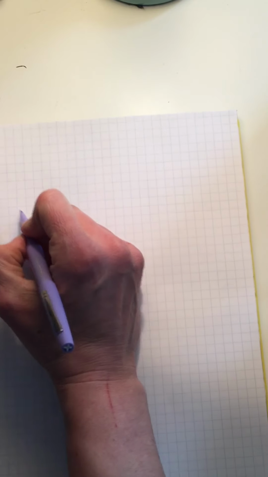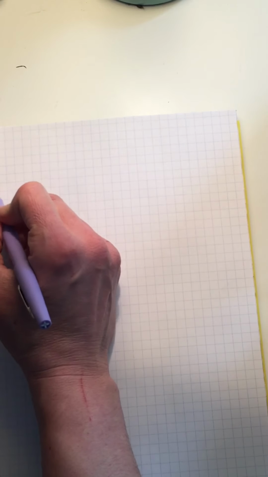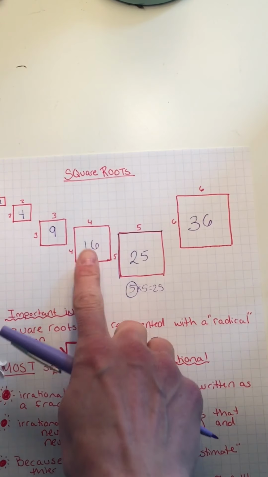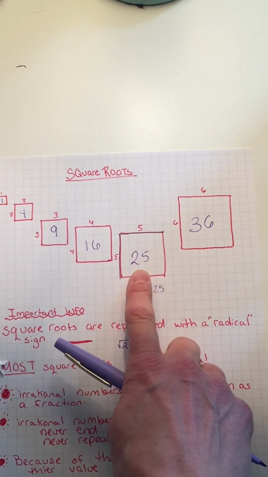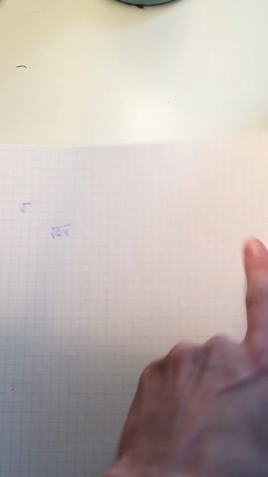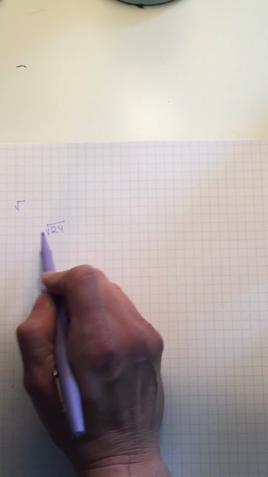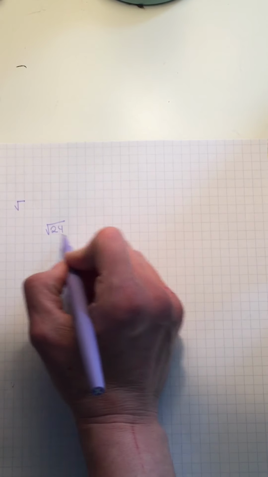So, let's go back to the square root of 24. If I look back at my page that I just turned over, the square root of 16 is 4, and the square root of 25 is 5. So any number under a radical sign that's between 16 and 25 is going to be between 4 and 5.